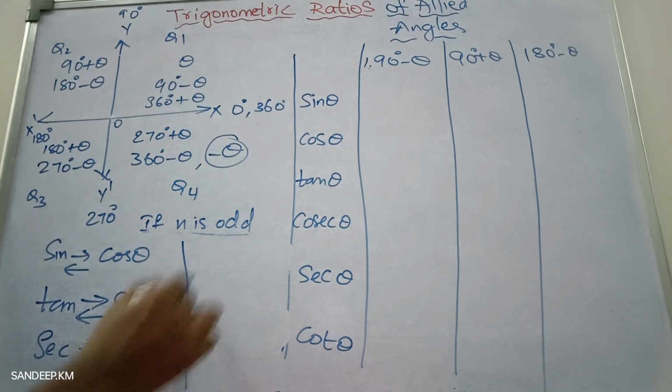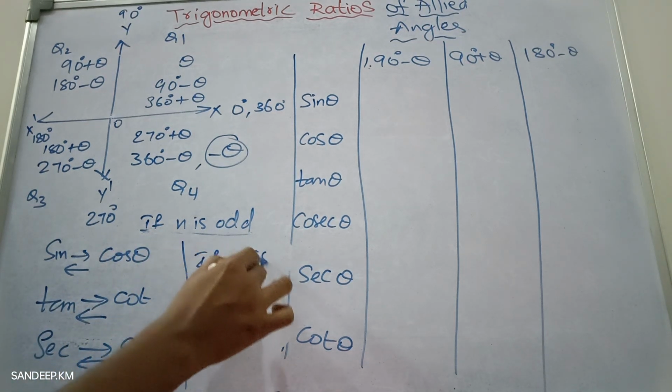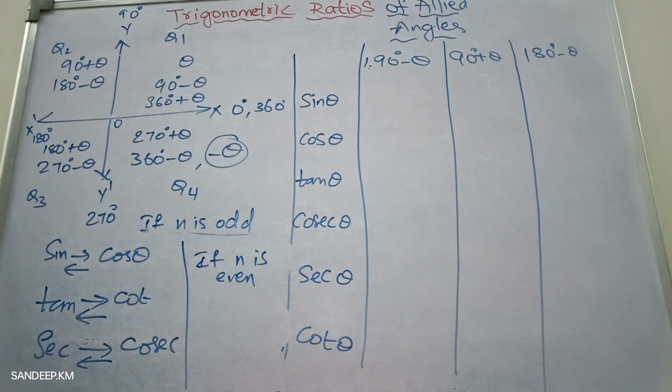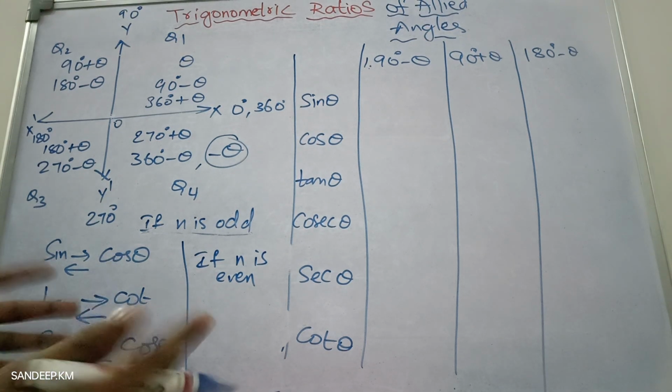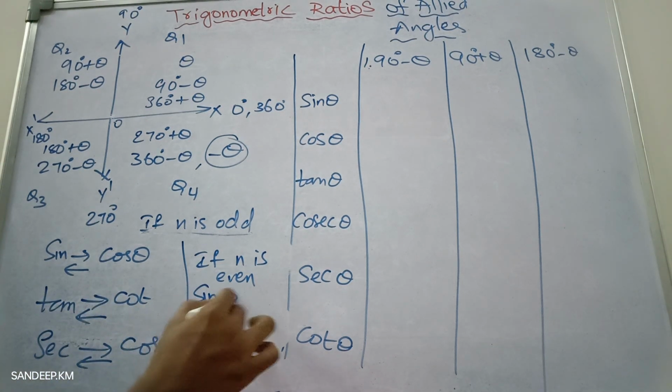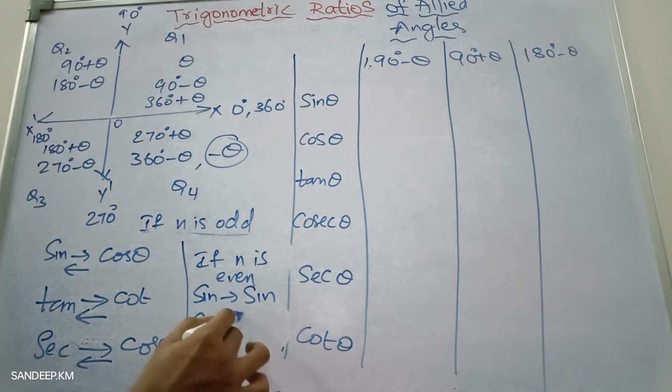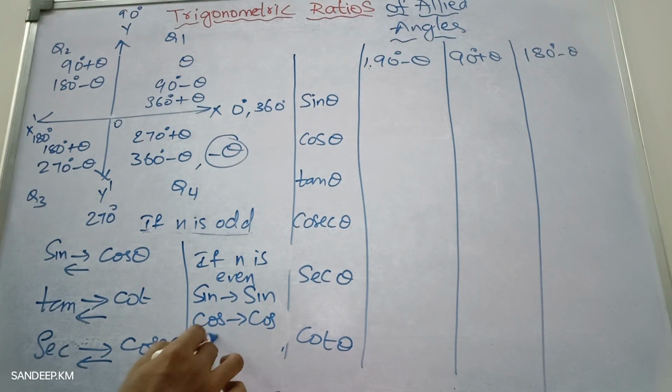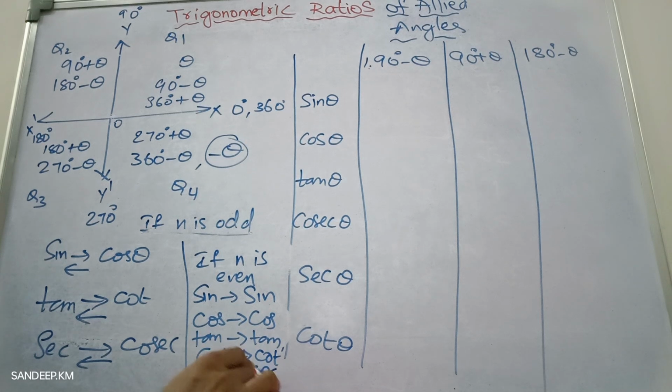Now my question is, what if n is even? Then there is no change. Sine will remain sine, cos will remain cos, tan will remain tan, cot will remain cot, sec will remain sec, and cosec will remain cosec.